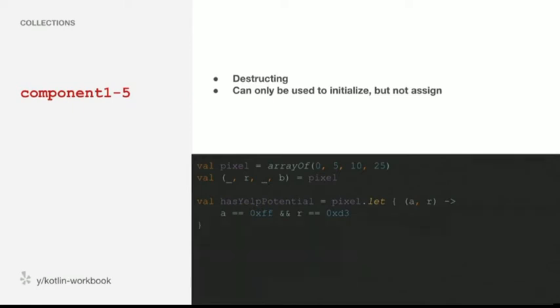It also works for all data classes. Data classes automatically get these as well. So the first 5 arguments in your data class are quite important because you can destructure your data class into these 5 arguments with a single line. Also, if you iterate over items that are data classes, you can easily destructure into the components that are inside.